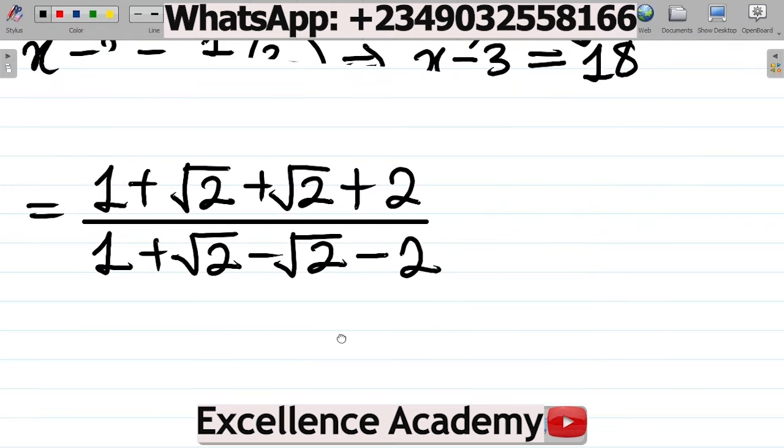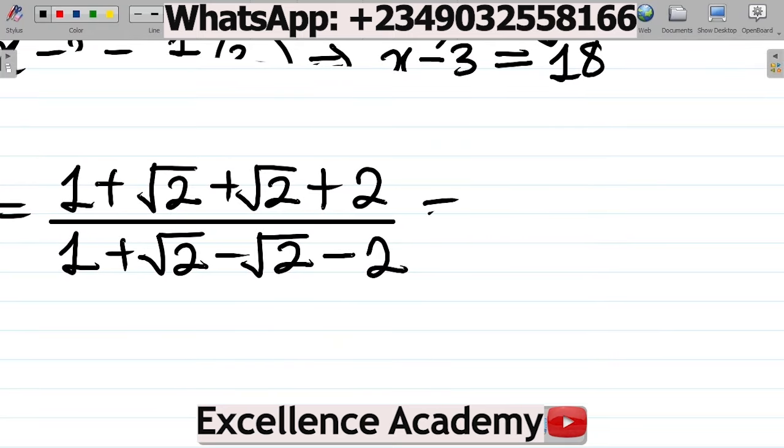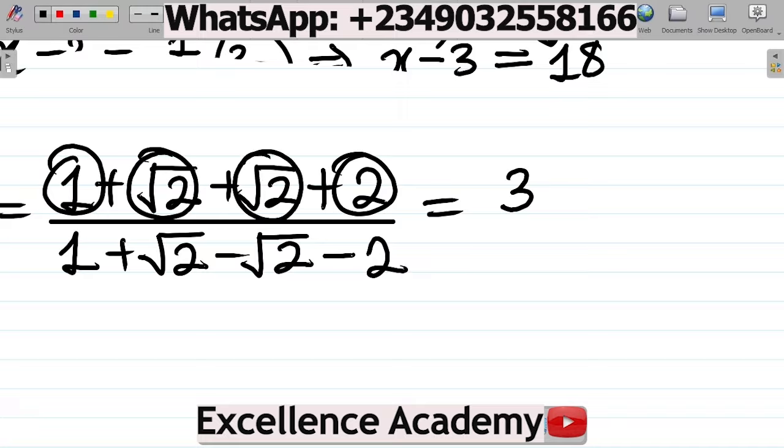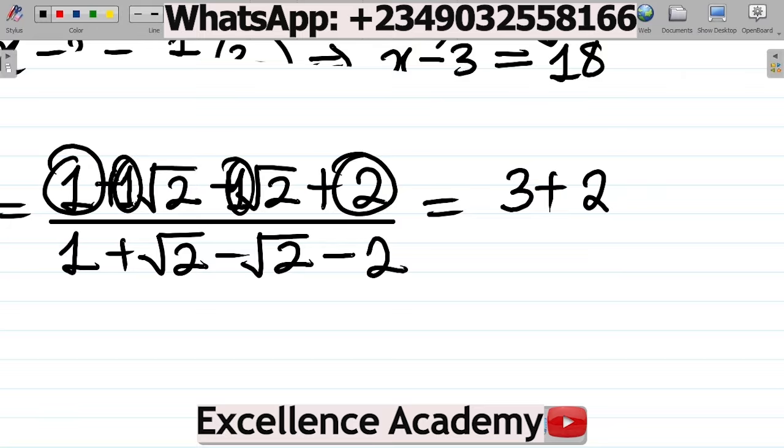Now, simplifying this further, if I take the numbers there, 1 plus 2 gives you 3. Root 2 plus root 2, what we'll do is add the numbers before the root 2. Root 2 is the same as 1 root 2, and the other root 2 is also 1 root 2. So 1 plus 1 gives you 2. That becomes plus 2 root 2 all over. Let's work with the denominator.